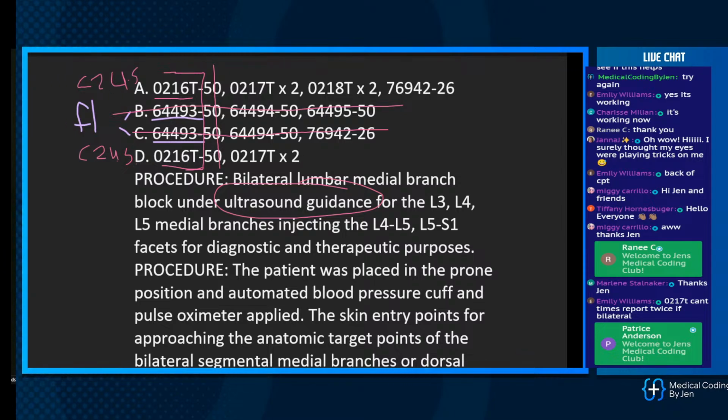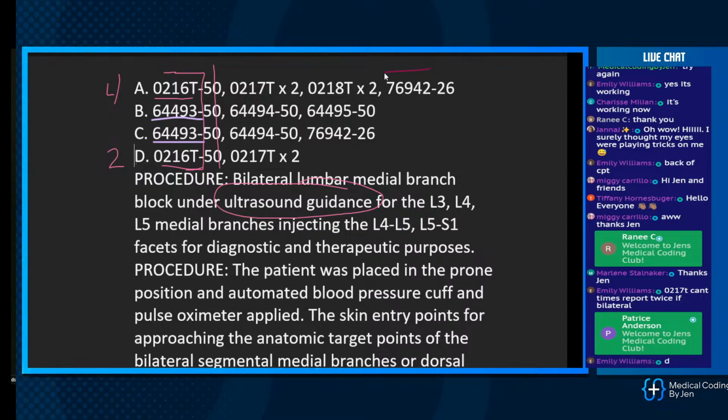So would we bill, for a medical coding exam, would a correct answer be four codes versus two codes? Is the answer legitimately going to be all of this mess?